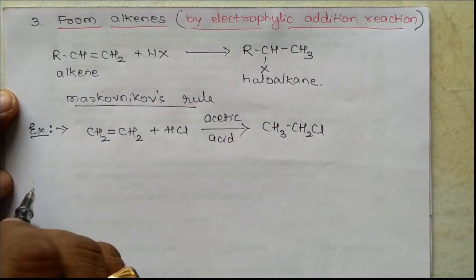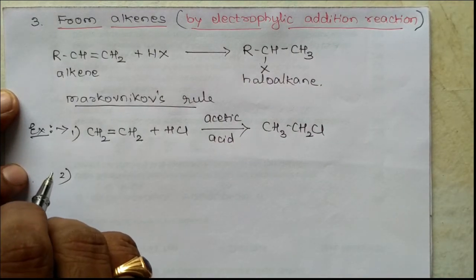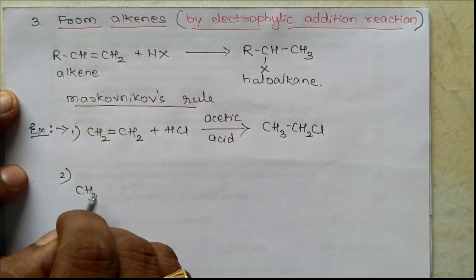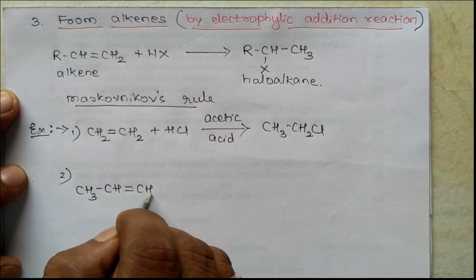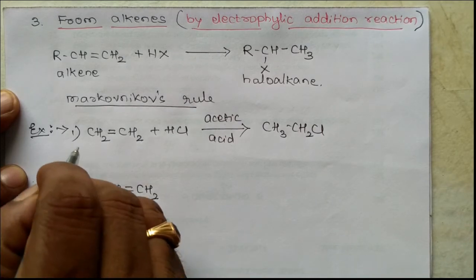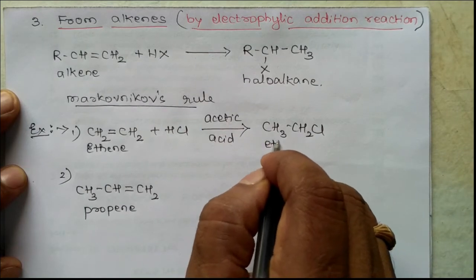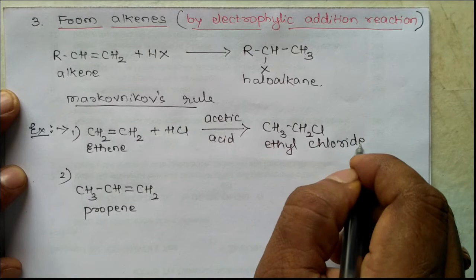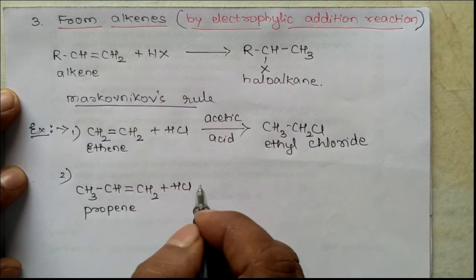Second example, propene reacts with hydrogen chloride. CH3CH double bond CH2 is propene. The earlier one was ethene, and the product was ethyl chloride. Propene reacts with HCl.